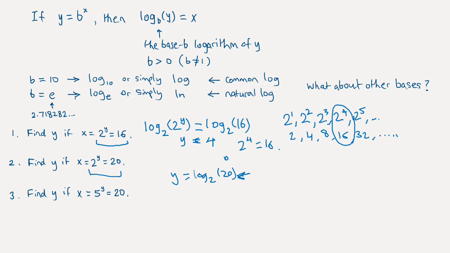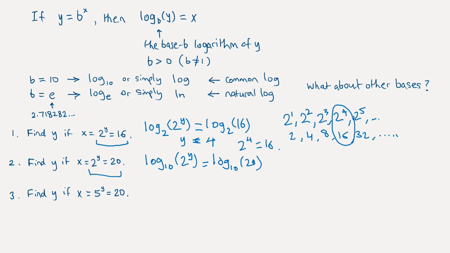So what if we tried using one of the logs that we do know how to calculate? Let's say the common log, so base 10. Let's take the base 10 logarithm of both sides and see what happens. So we'll do log base 10 of the left-hand side and the right-hand side.